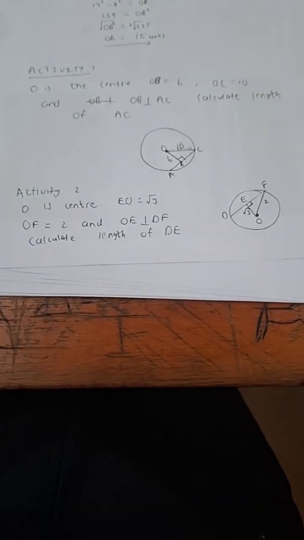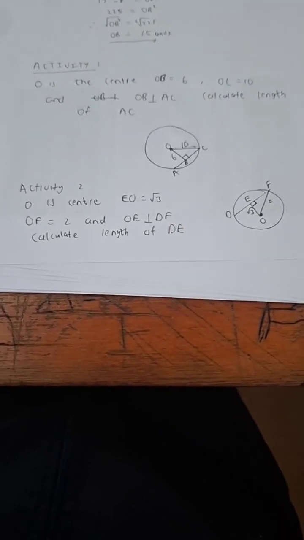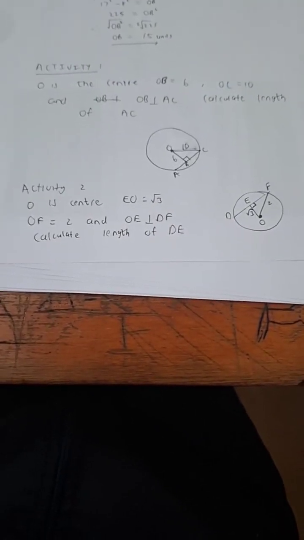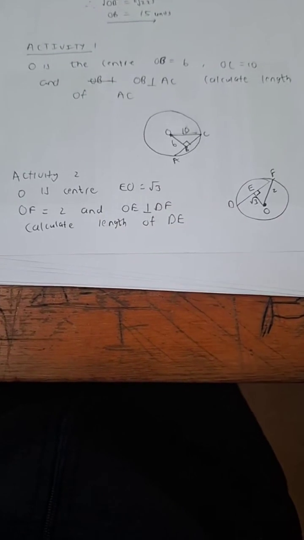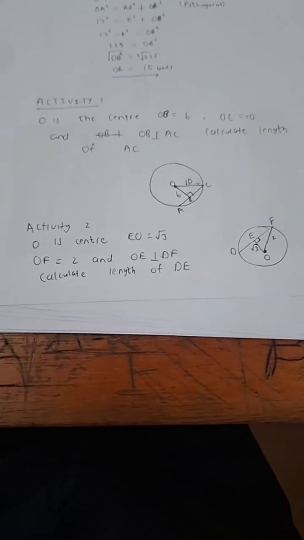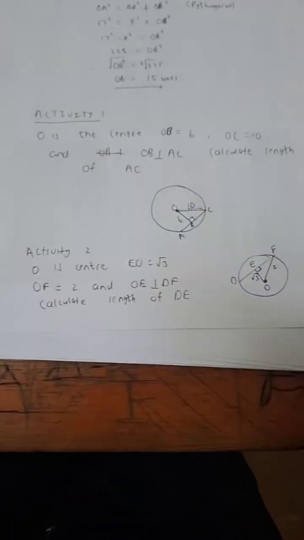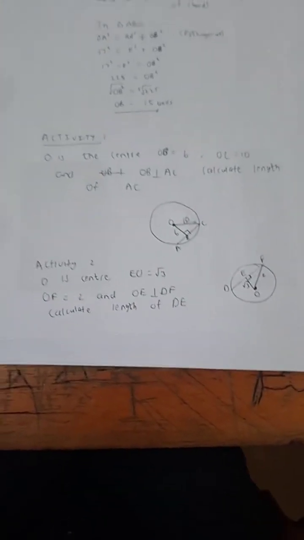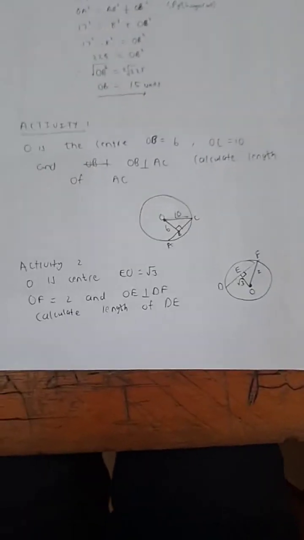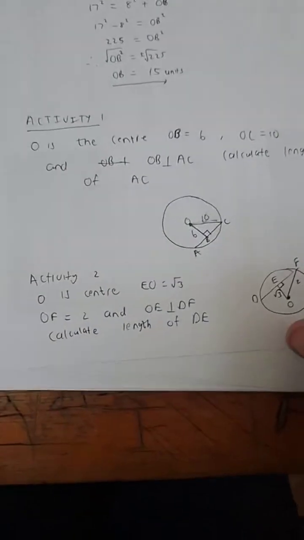So this is what we need to nurture in ourselves as we do geometry. All right, please let's nurture that. If we can, then you'll see, geometry in grade 11 is so easy. Grade 11 geometry is easy, ka-peasy, ka-easy, ka-measy, ka-deasy. Think of any other word that rhymes with that and you've got it.